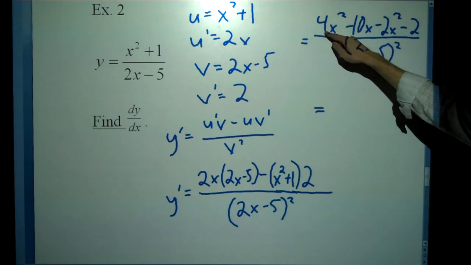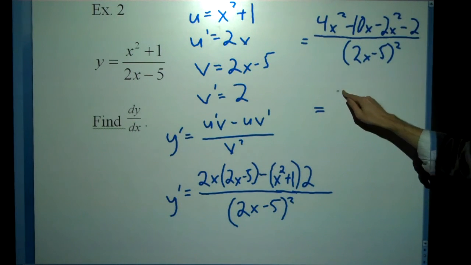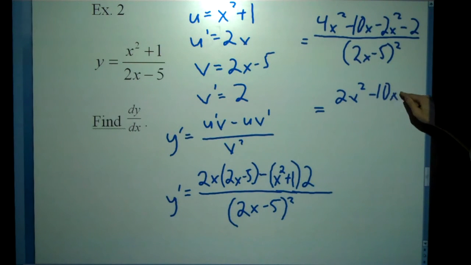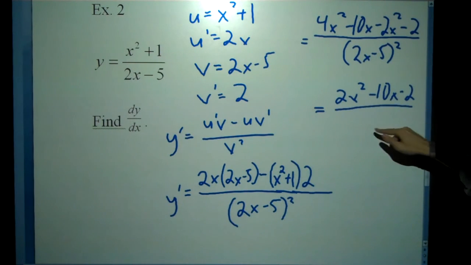We can combine terms. 4x squared minus 2x squared leaves me with 2x squared minus 10x minus 2 all over 2x minus 5 quantity squared.